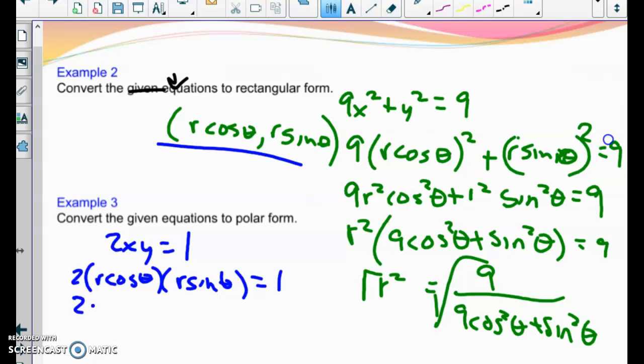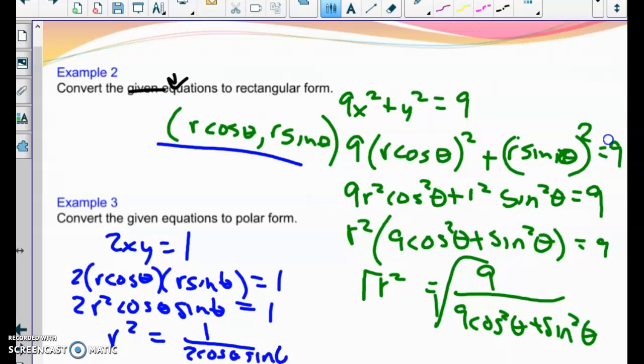And putting the r's together, I get r squared cosine times sine. And if I get the r by itself, I get r squared equals 1 divided by 2 cosine sine. And again, if you wanted it to be r equals, you'd square root both sides. So there's kind of the converting both directions.